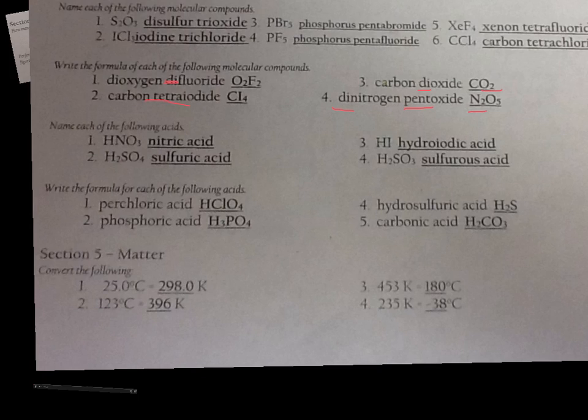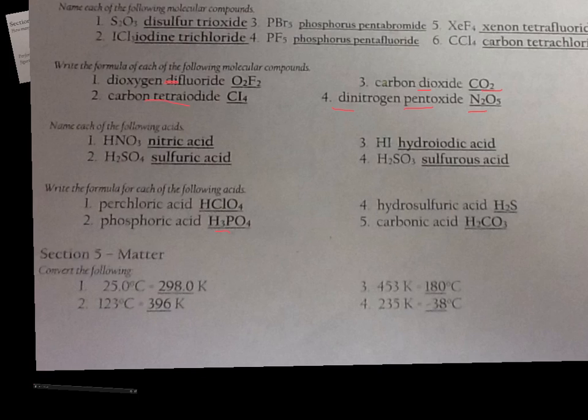Perchloric acid is HClO4 because perchlorate is ClO4, and you just add the H in front of it to make it an acid. And phosphoric acid is H3PO4 because phosphate is PO4, and you put a subscript after the H because phosphate has a -3 charge.